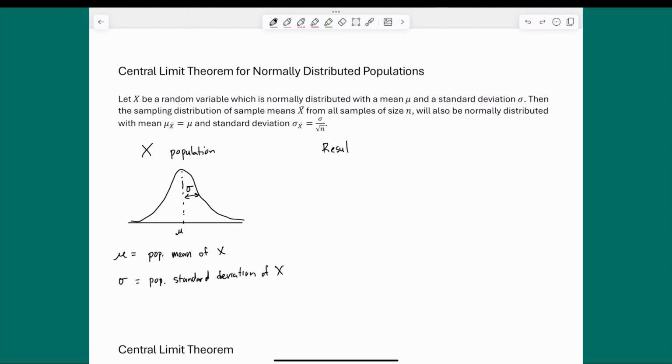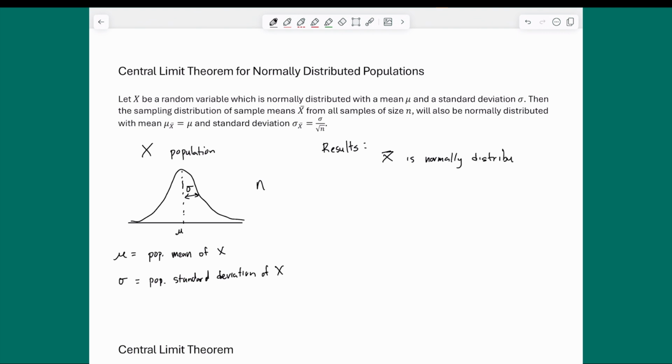are the following. Once again, reminder, we are picking a sample of a certain size. Okay, and the result is that x bar, which is the sampling distribution of means, is normally distributed. So it's telling us the shape of the sampling distribution of means.